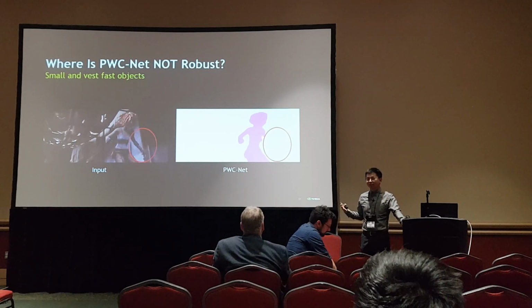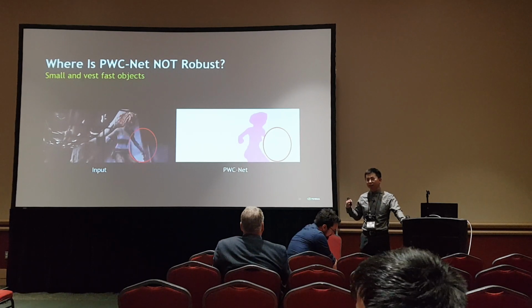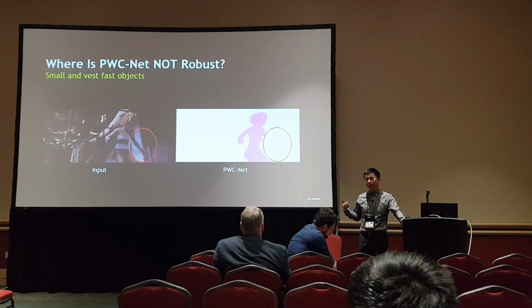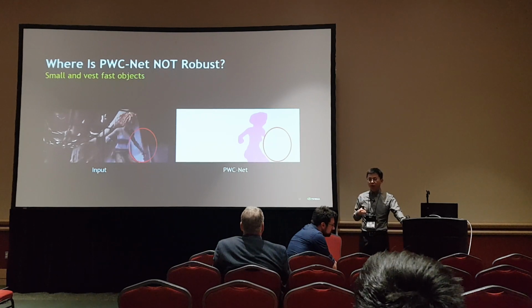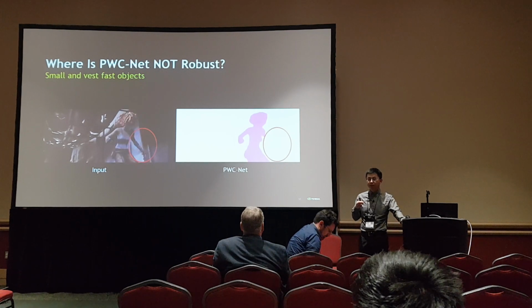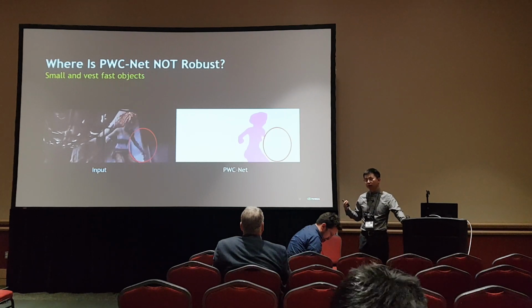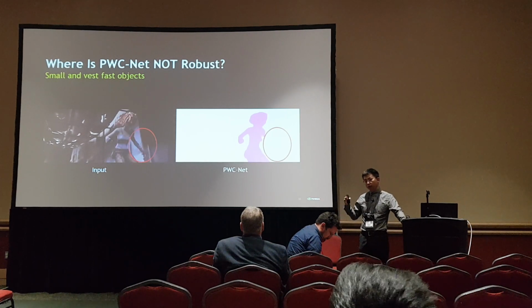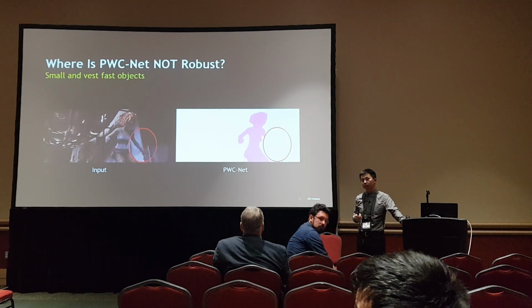I haven't tried it, but it would be good to first see the result and see what kind of errors it makes, and then based on the error, we can decide how to improve the network for this particular scenario. But if you have the training data, it's very likely to adapt the network to this specific scenario.